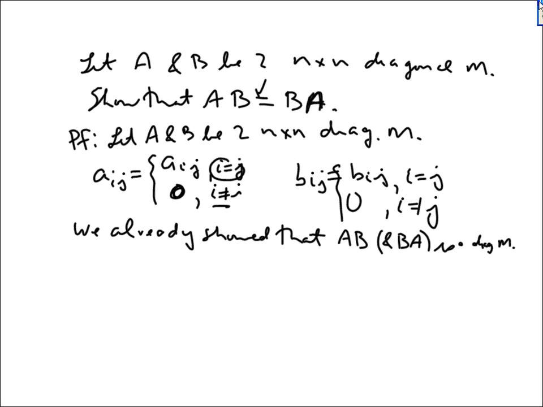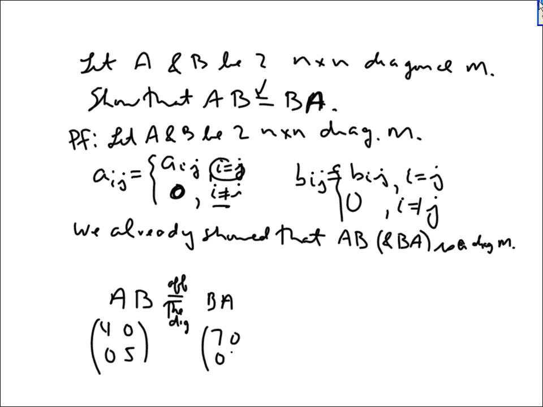So we know that off the diagonal, we're going to get 0. Off the diagonal, they're equal. In other words, AB might be 1, 4, 0, 0, 5, and BA might be 7, 0, 0, 4.